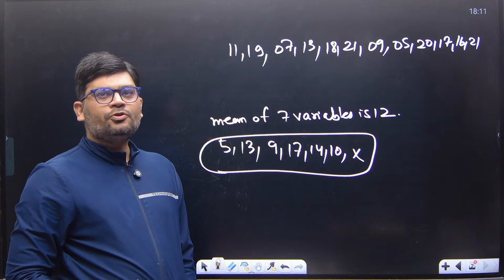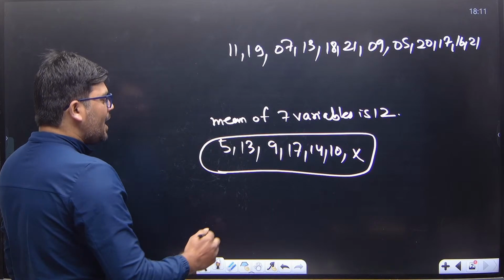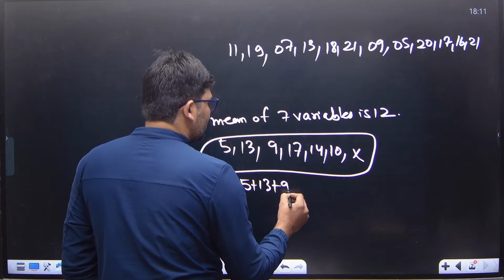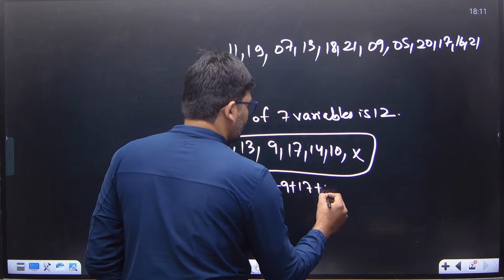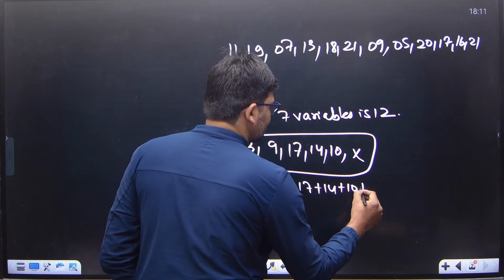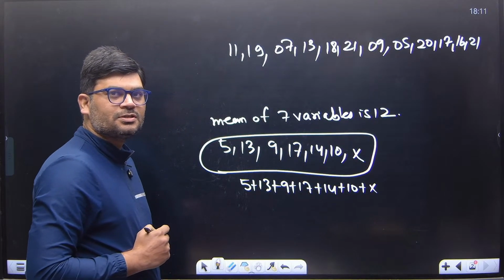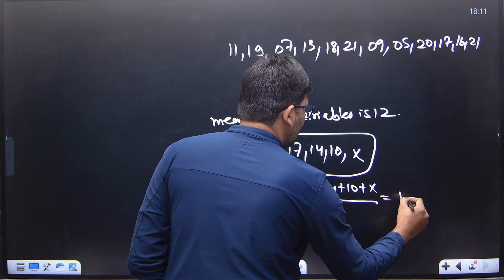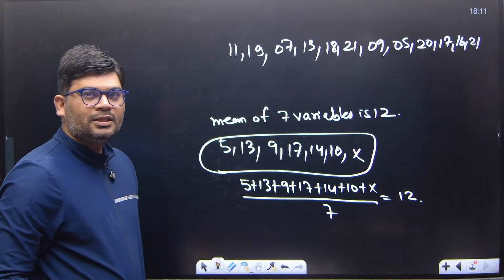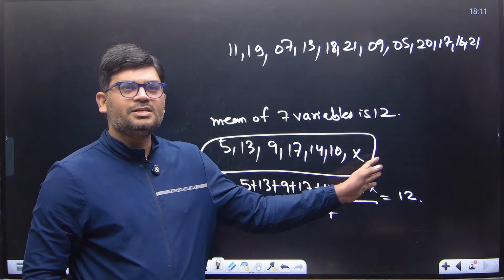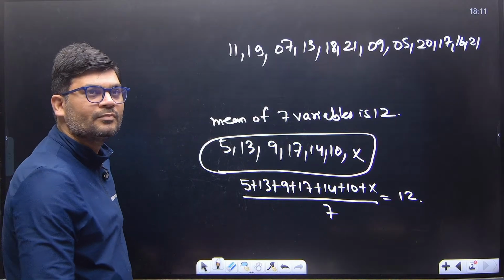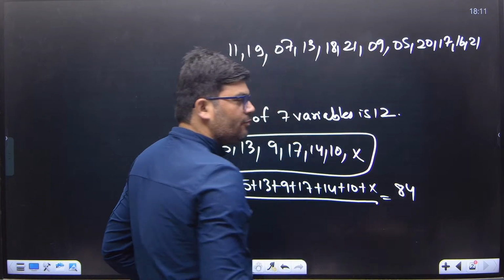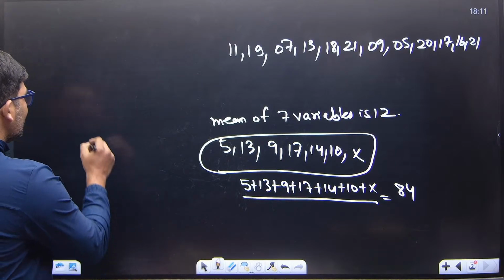So you can say that I am going to add all of them: 5 plus 13 plus 9 plus 17 plus 14 plus 10 plus x. This is sum of all observations divided by total number of observations is equal to mean. That means the sum of all of the observations is 84. 7 times 12 is how much? 84.